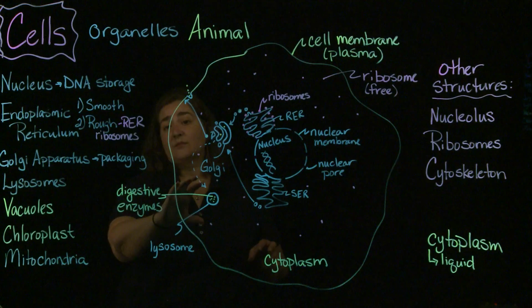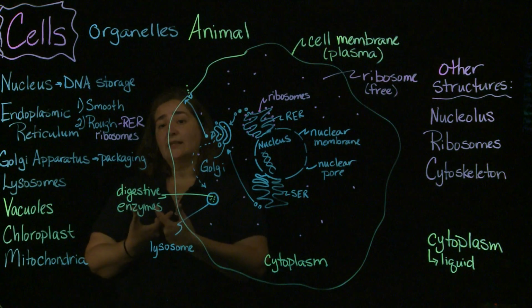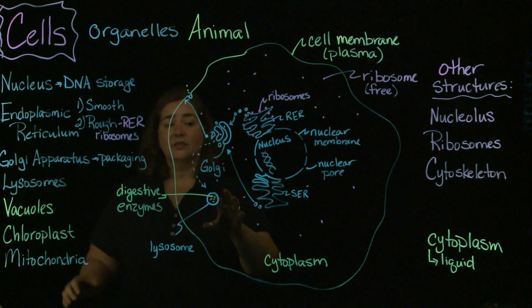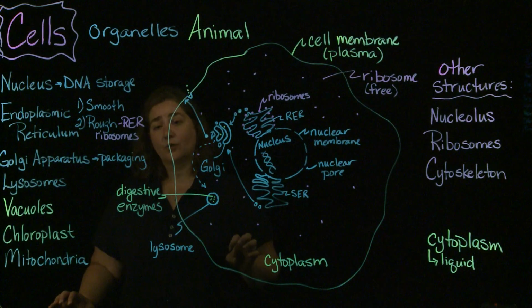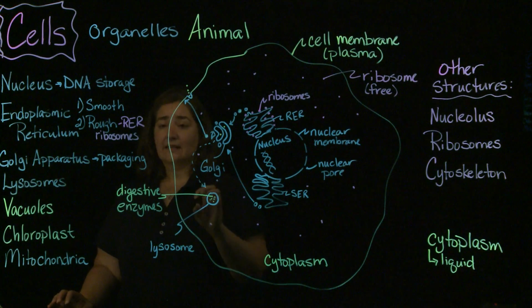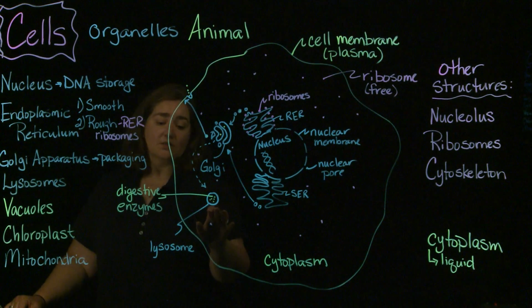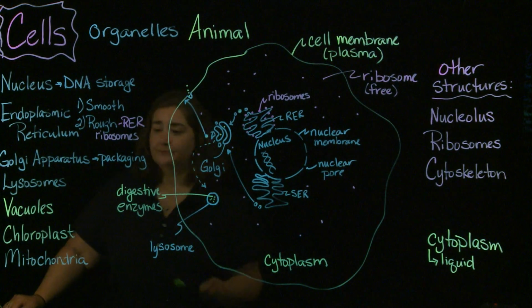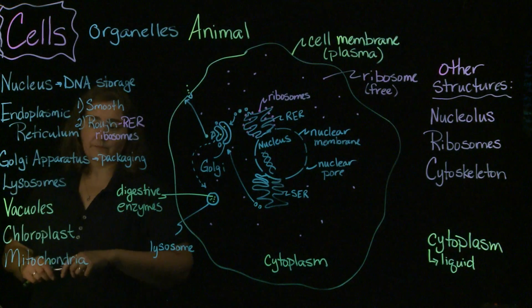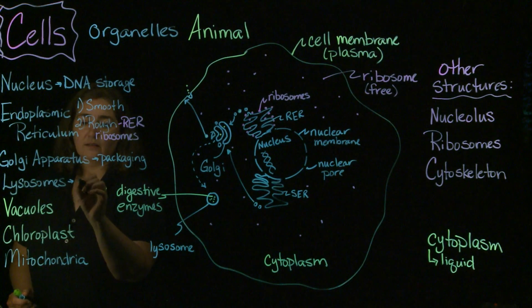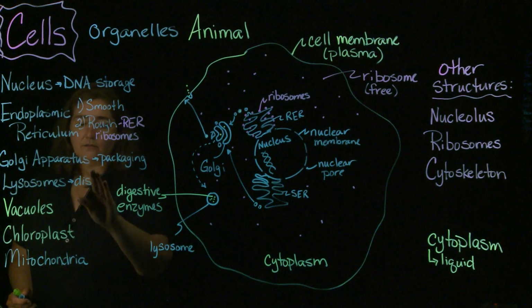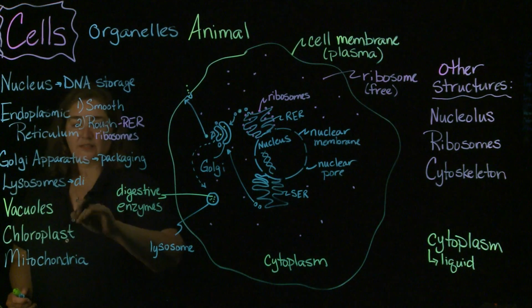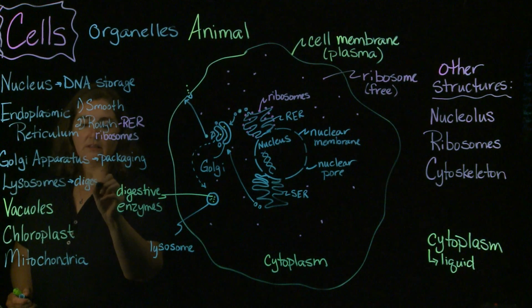If the cell's bringing in materials, it will break down those cellular materials, and then the cell can use the components of what's inside of that. Okay? So the lysosomes kind of work to digest. Oops. Goodness, my spelling is just horrible today.